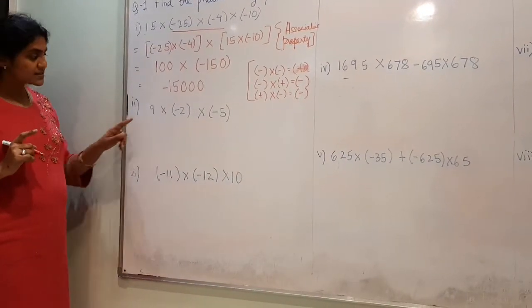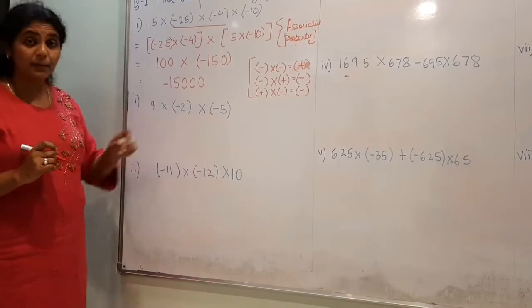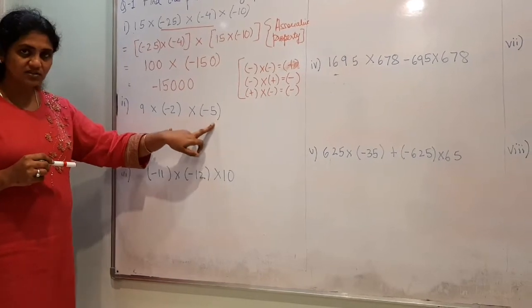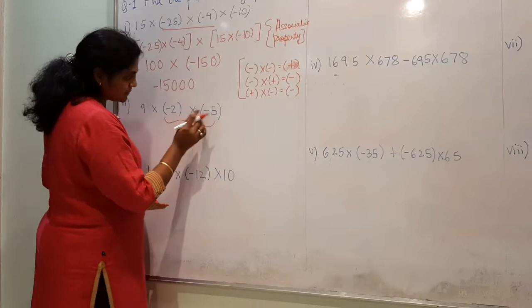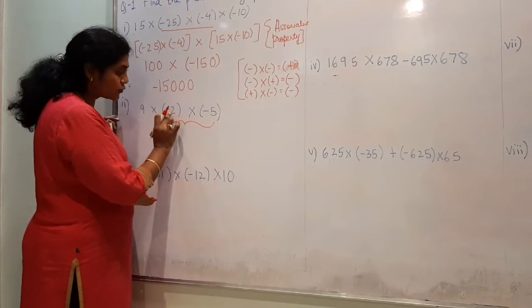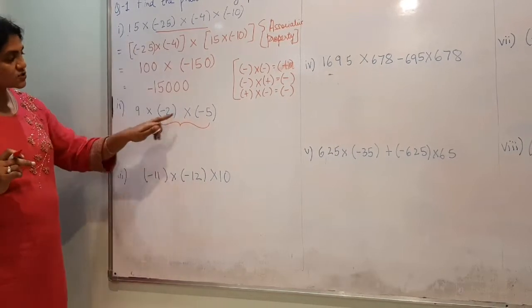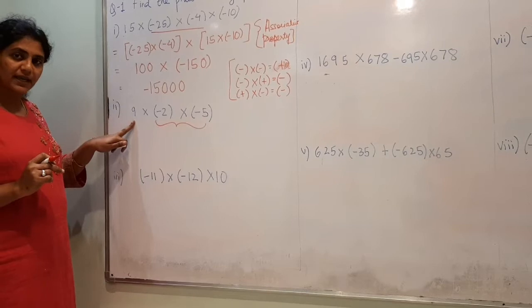Now second is 9 multiplied by minus 2 multiplied by minus 5. Now again you can rearrange. If you take these two first, and do the multiplication, minus 2 into minus 5 is plus 10, and then multiply by 9.